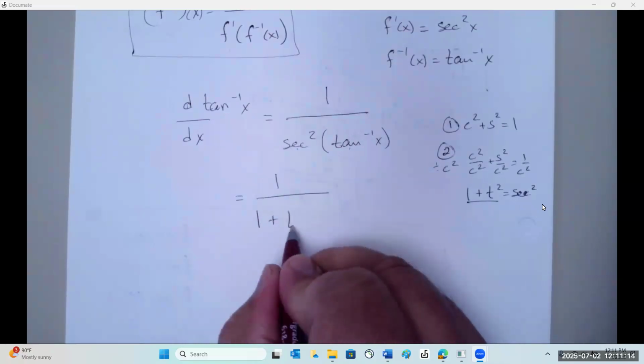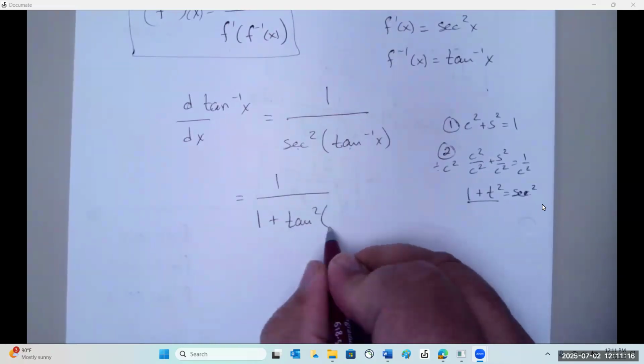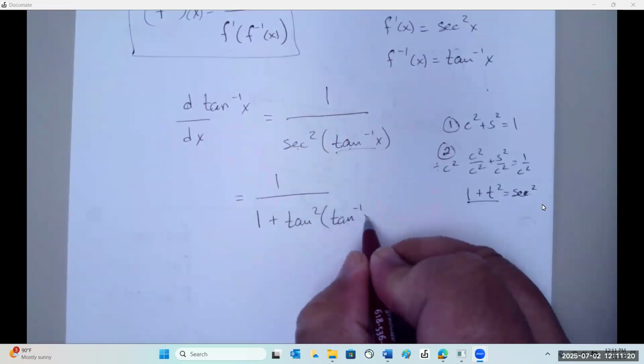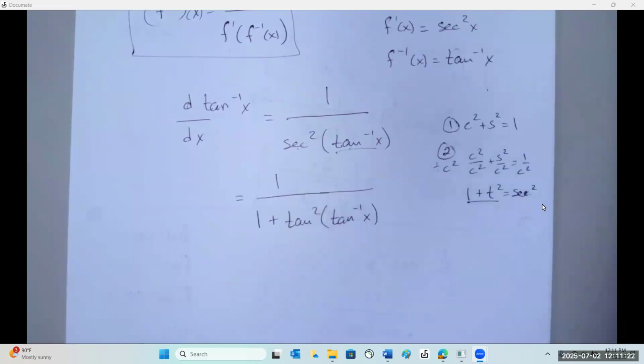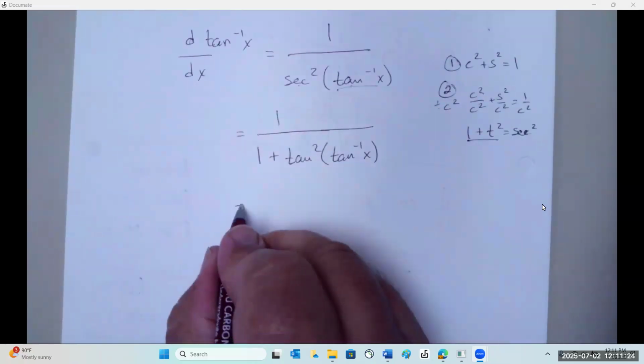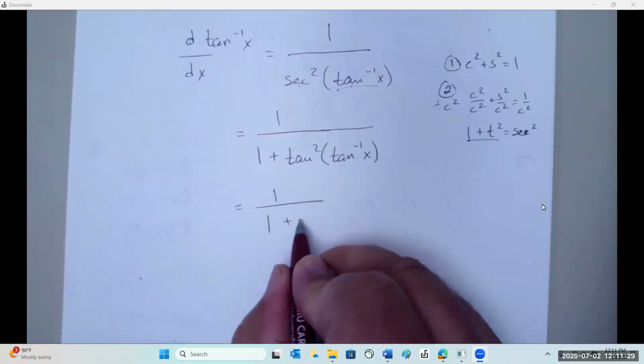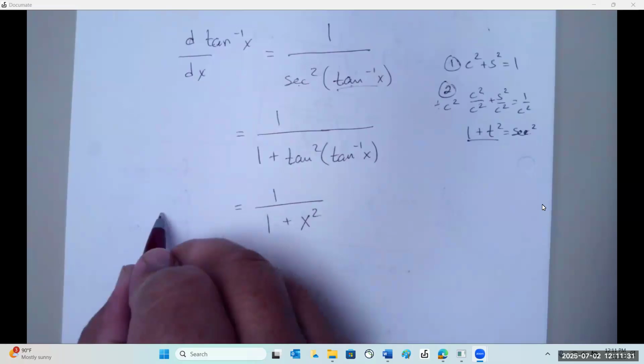One plus tangent squared, and my u value is the inverse function. So this one becomes 1 plus x squared.